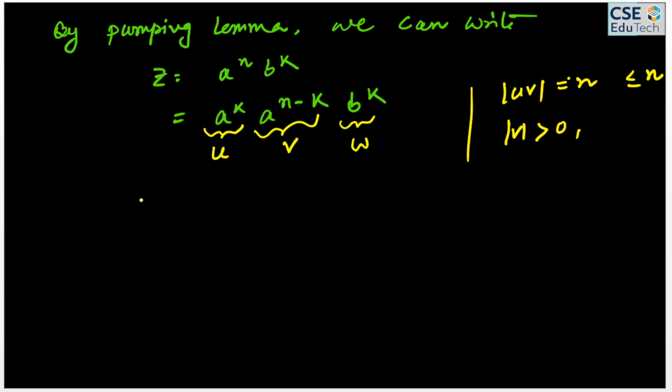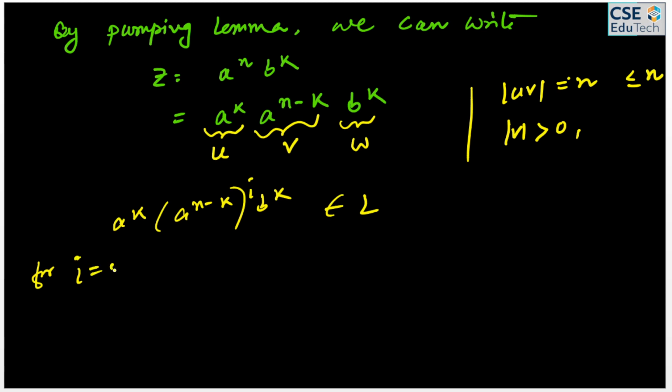Now for i, according to the pumping lemma, a to the power k, then a to the power n minus k of i, and b to the power k should belong to the language L. But for i equal to 0, what will happen in this string? It will be a to the power k and b to the power k.